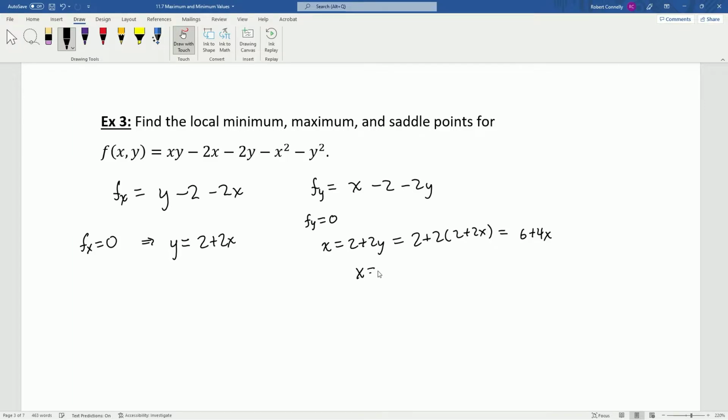So x equals 6 plus 4x, which implies negative 6 equals 3x, which implies x equals negative 2. And that implies y equals, well, if x is negative 2, that's 2 minus 4, so that's negative 2 as well. So (negative 2, negative 2) is the critical point.